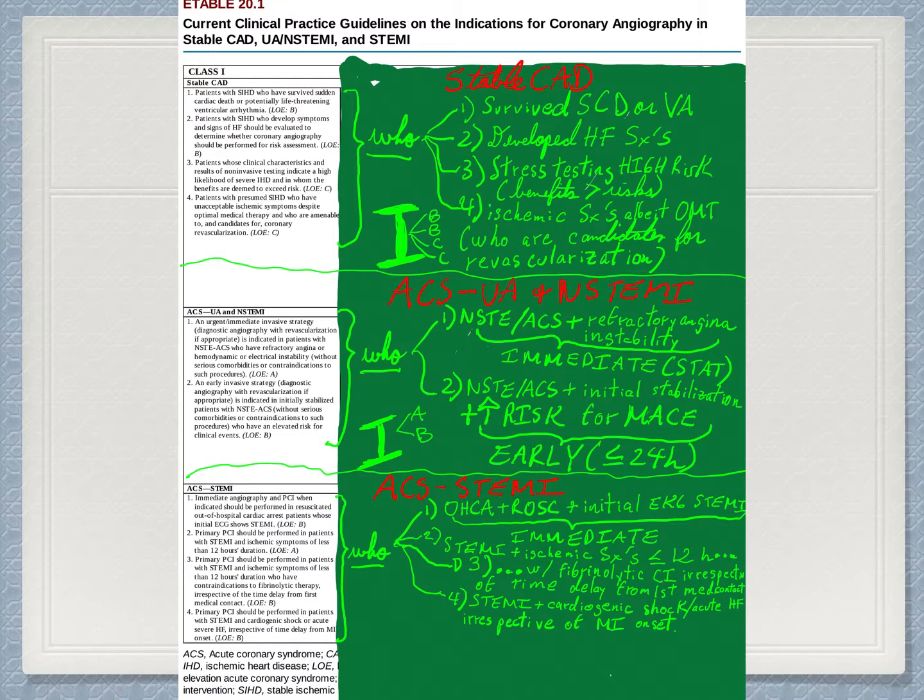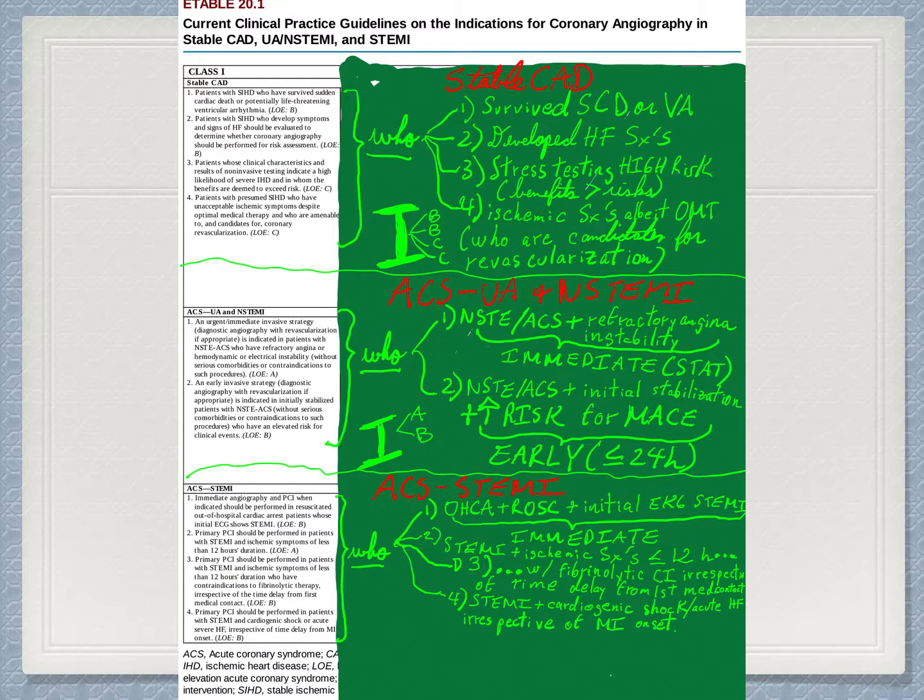If the patient is on optimal guideline-based medical therapy and still has ischemic symptoms, you should think about taking this patient to the cath lab if the patient is a candidate for revascularization. Look at the letter there, that is the strength of each recommendation: the first two are B and the last two are C.